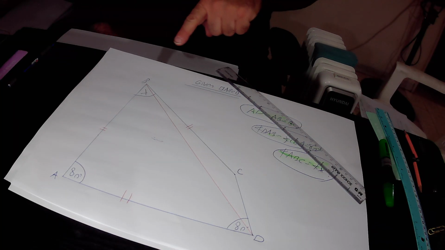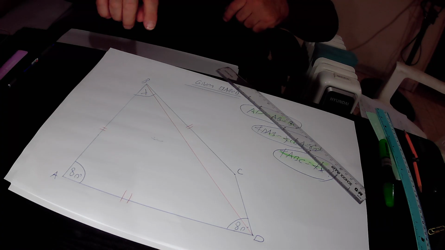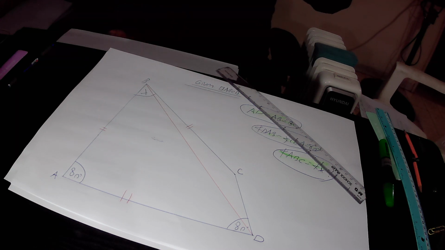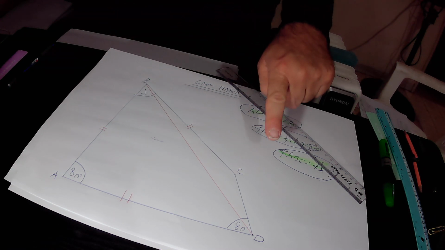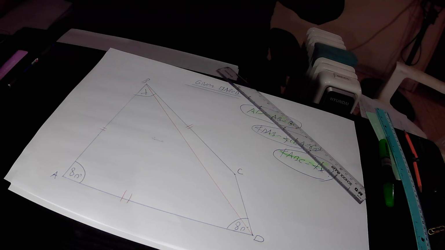By joining points B and D, we divided this quadrilateral ABCD into two triangles. The first triangle is triangle BCD, and the second triangle is this triangle ABD.